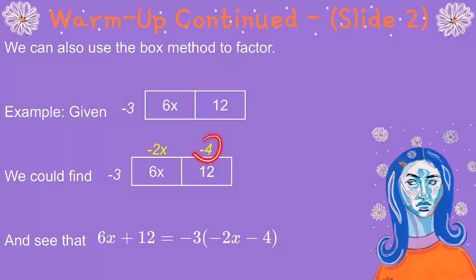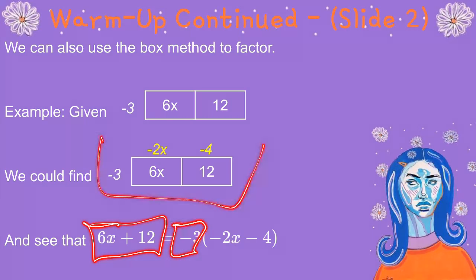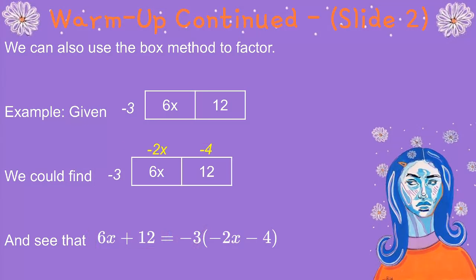And the answer is negative 4. So this is factoring. Notice that factoring is the reverse of distributing.